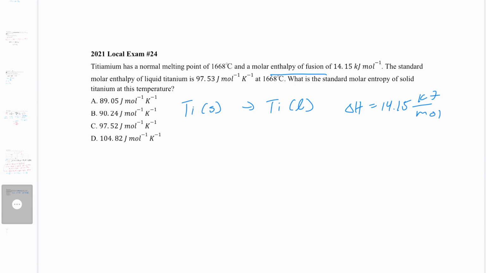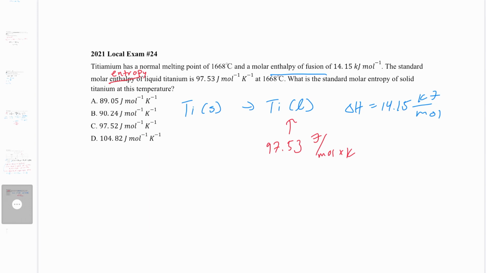The other thing that we know is the molar entropy of liquid titanium. So this has a molar entropy of 97.53 joules per mole times Kelvin. And now that's all the information that we're given.